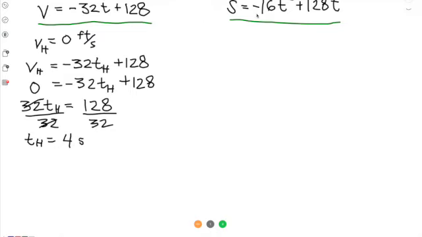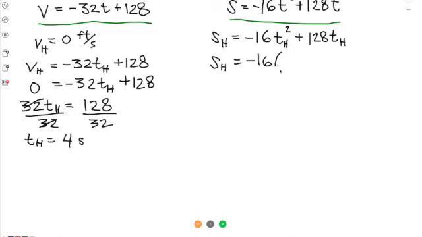So s at the highest point would be equal to negative 16 times the time at the highest point squared plus 128 multiplied by the time at the highest point. Let's plug in 4 seconds: negative 16 multiplied by 4 squared plus 128 times 4.